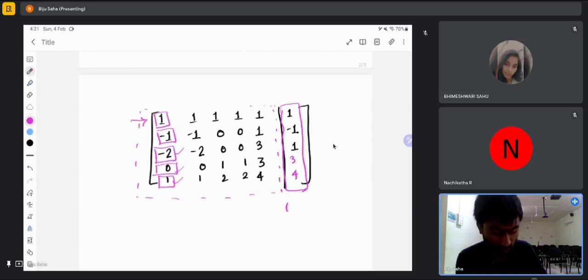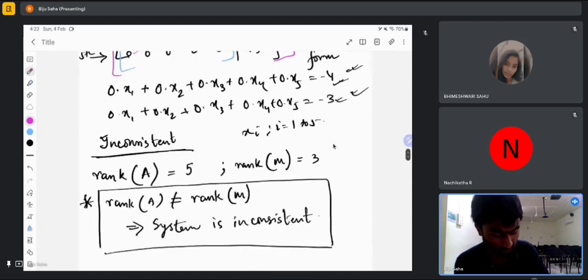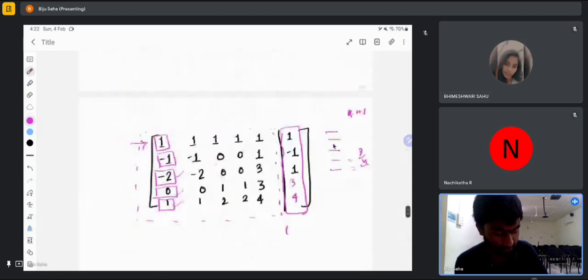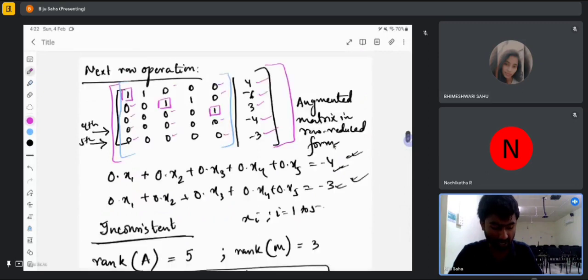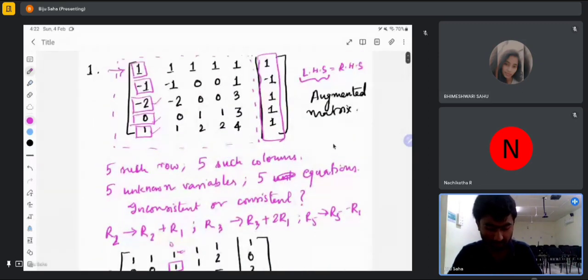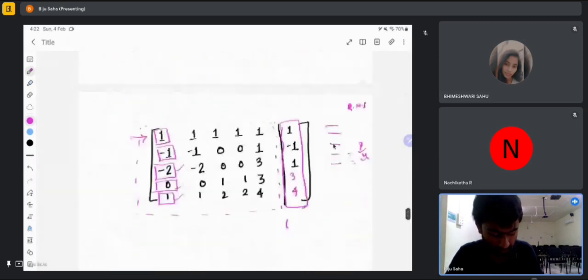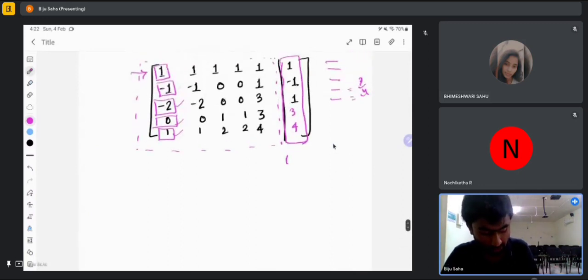There were 5 such equations, and I just changed the last two values from 1 and 1 to 3 and 4. Similarly, I can perform row operations on this, just like I performed them here. By performing similar row operations, I can arrive at a row reduced form of this matrix, which looks like this.